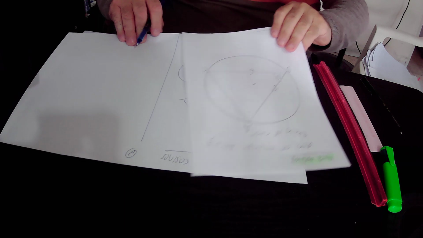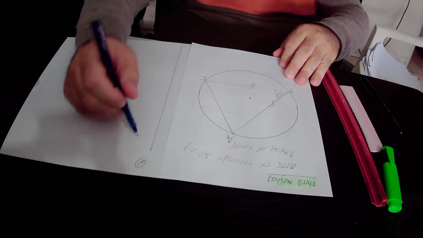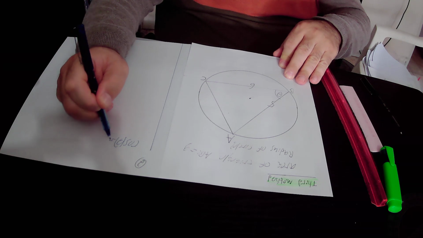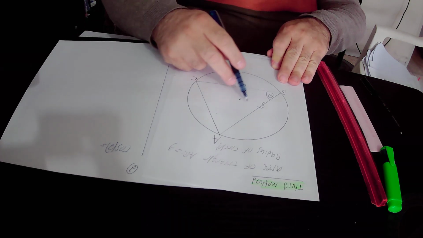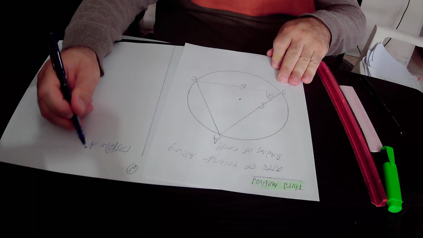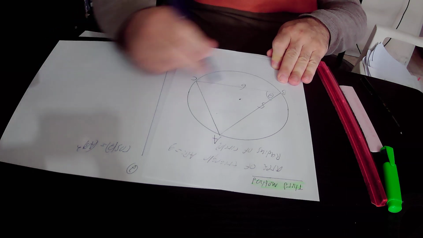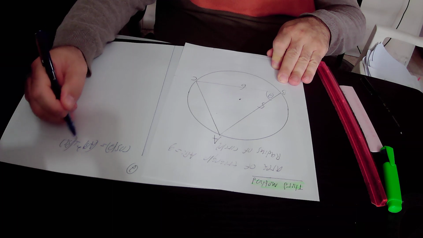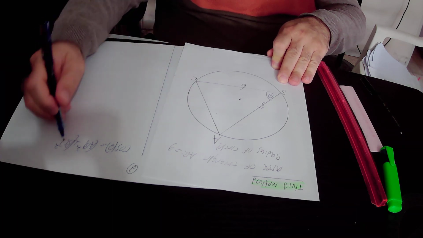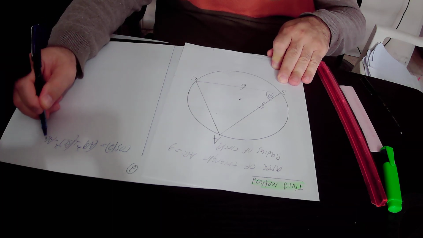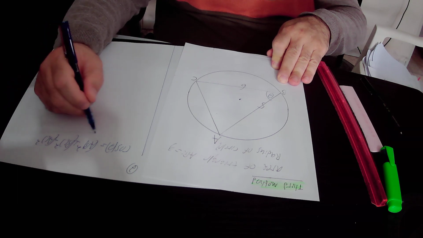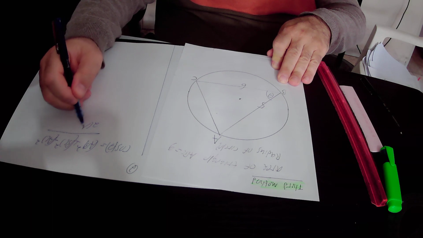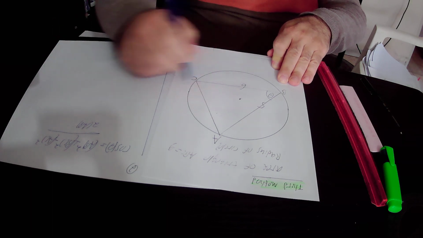According to the law of cosines, we get that here cosine theta equals AB squared plus BC squared minus AC squared over 2 times AB times BC.